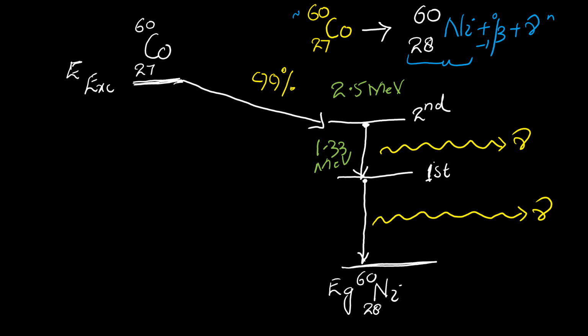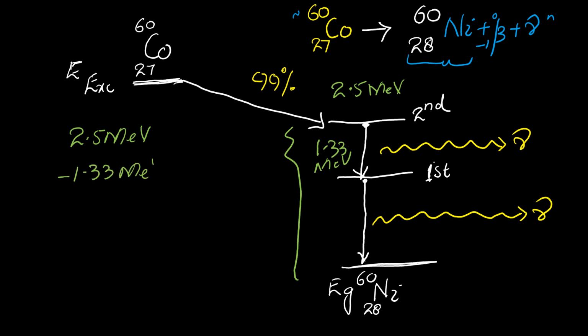Now, students, please keep in mind the total energy released in the nuclear de-excitation. We can calculate it from 2.5 mega electron volts minus 1.33 mega electron volts.